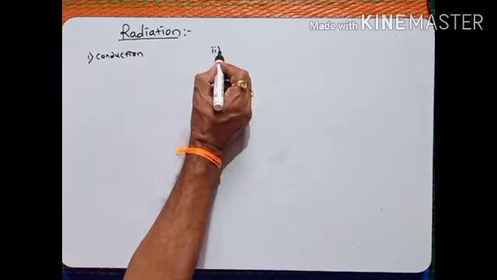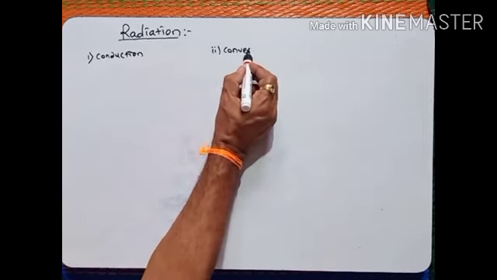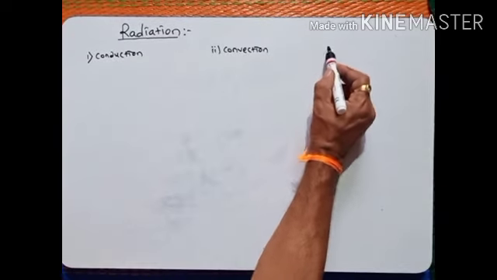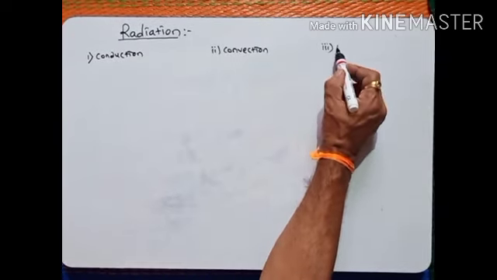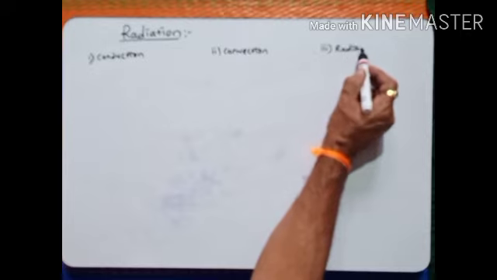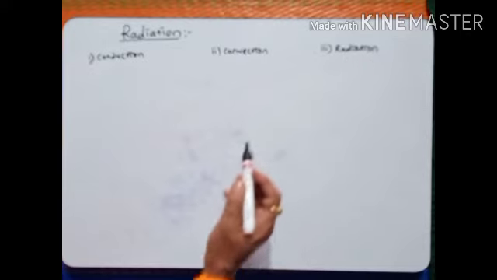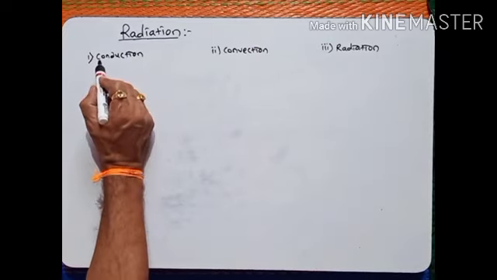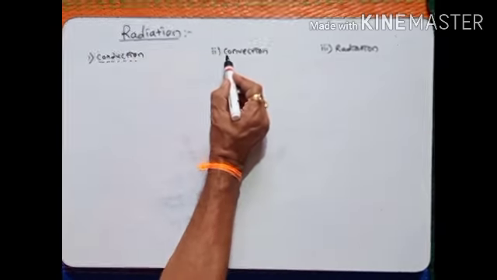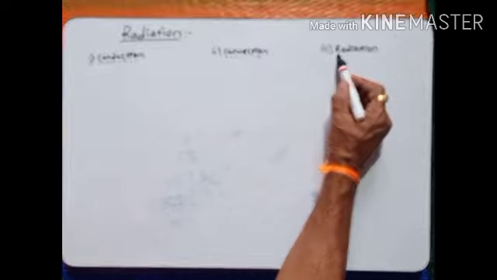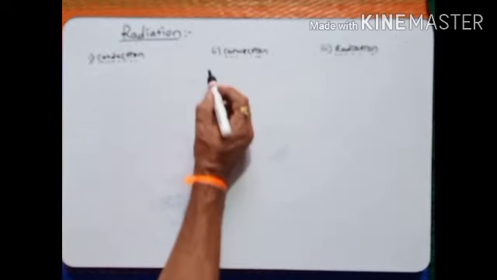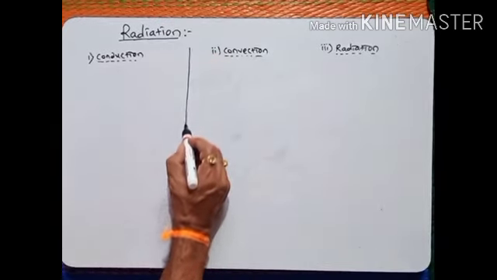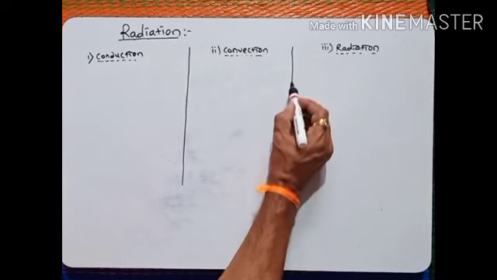Second way, convection, and third way, radiation. That means heat flows from one place to another by these 3 ways: first is conduction, second is convection, and third is radiation. Now we will see one by one.